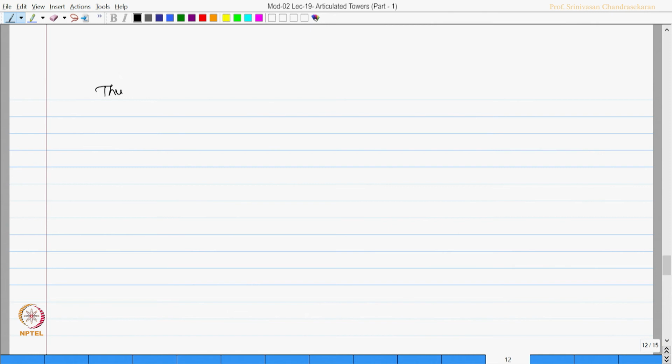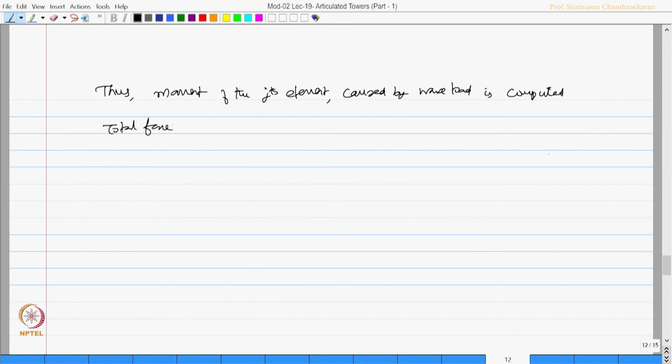Thus, the moment of the jth element caused by wave load is computed. Total force will be obtained by summing up all the forces acting on all elements about the base.